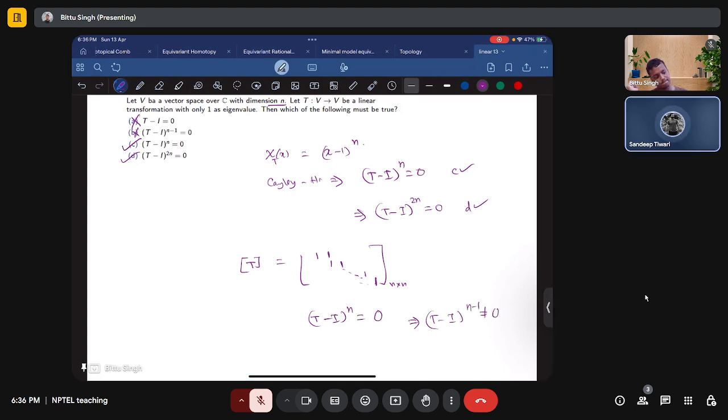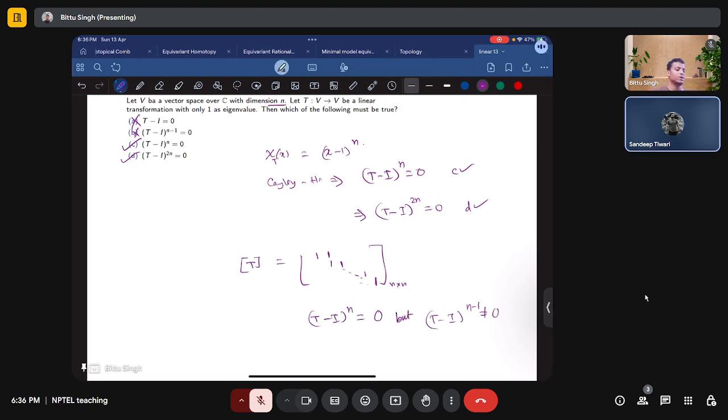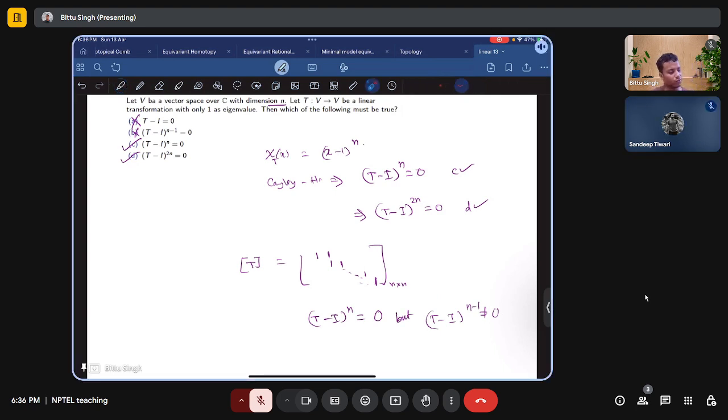So this will not imply it, sir. Because in the Jordan form, we know that the Jordan block will satisfy this property. That is, the size of the Jordan block gives the property that the power n is 0, but if we take a lower power, the Jordan block will not be 0. Yes, sir, that power will be non-zero. Okay.